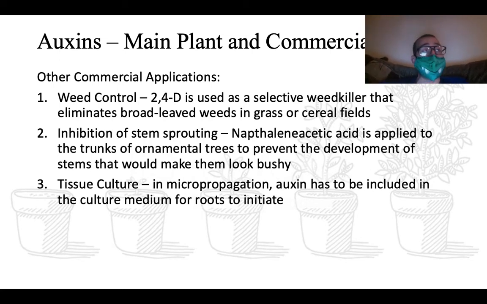And in micropropagation, where you take small amounts of plant tissue to propagate plants, auxin is an essential hormone that needs to be included in the culture medium in order for roots to initiate.